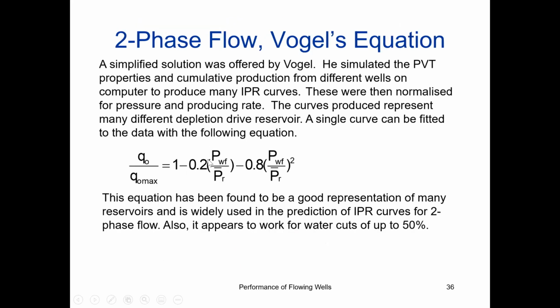If we have a mixture of oil and gas, then we use the Vogel equation. This is a German scientist. In English, we say Vogel, but in German, it is Fogel. You know, V in German is F, the sound of F. So here, we say the flow of the oil divided by the maximum flow of the oil.